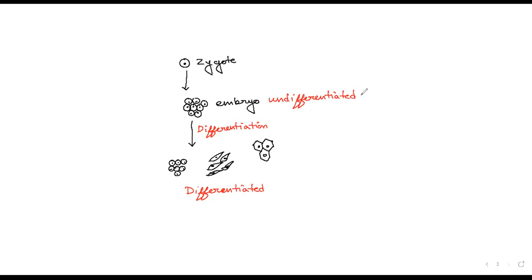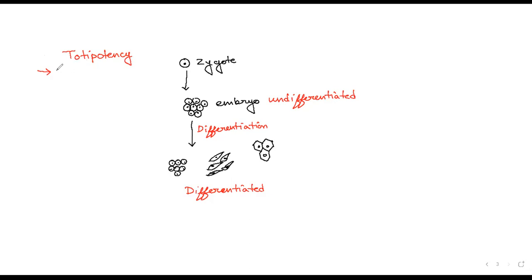Now, plants are having a unique property which is called totipotency. Have you ever heard about this word? Yes, ma'am. So what is this totipotency? Can you tell me? Ma'am, plants have such an ability that they can make the other cells from any one type of cell.